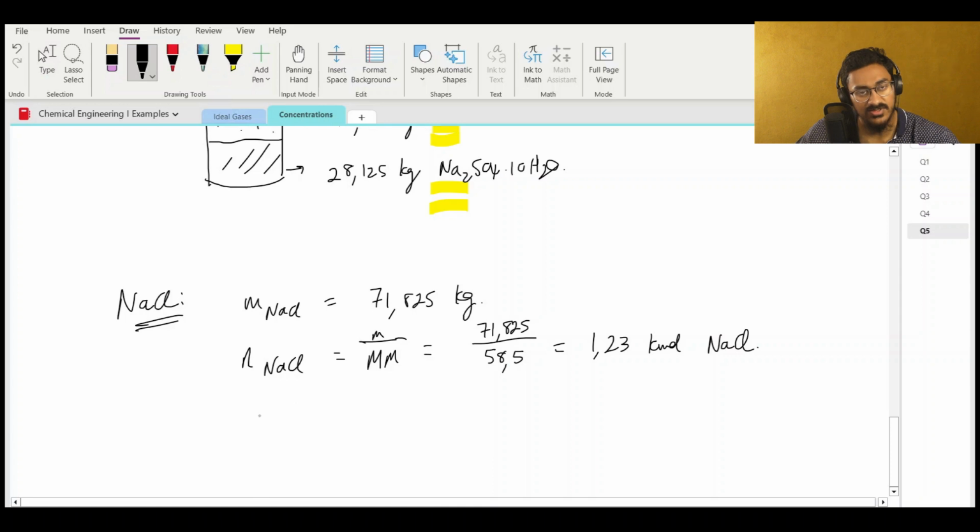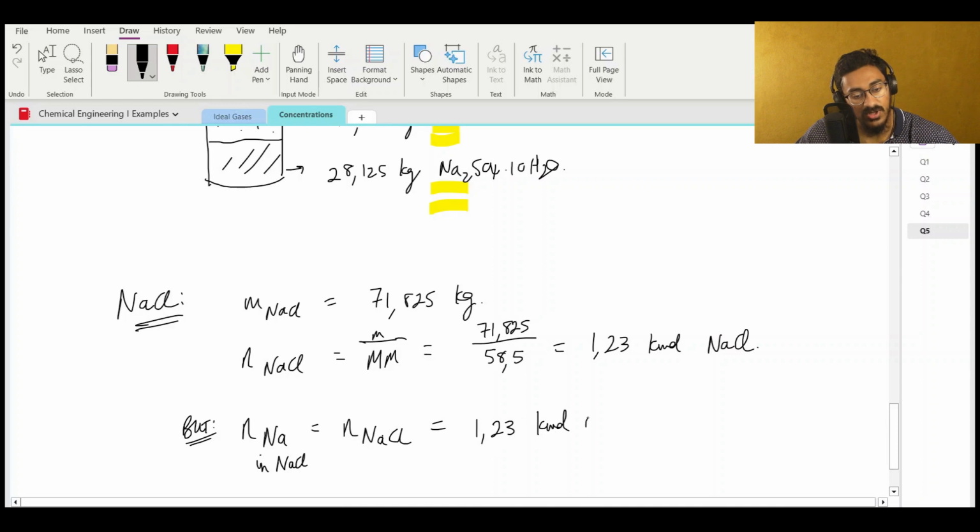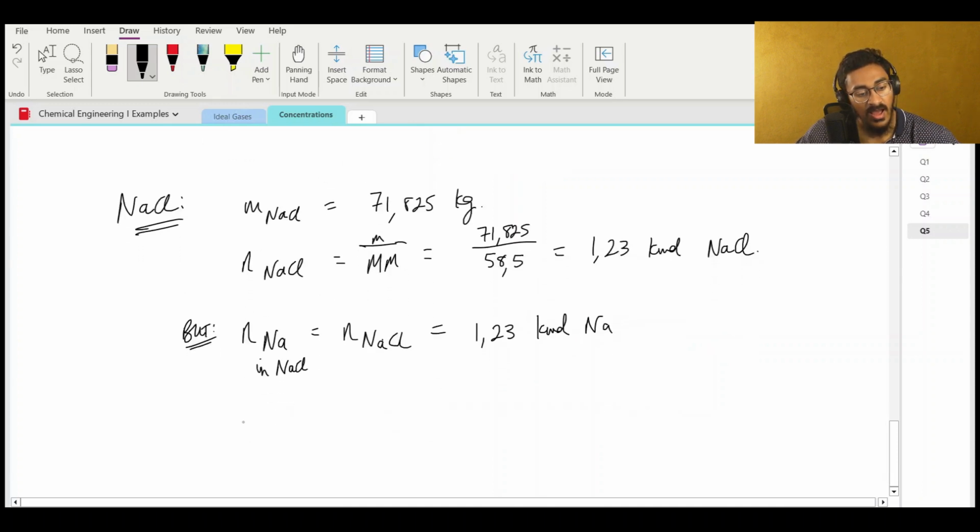So I can say the number of moles of Na in NaCl is equal to the number of moles of NaCl, which is equal to 1.23 kilomoles of Na. And now I can say the mass of Na in NaCl is equal to number of moles multiplied by molar mass.